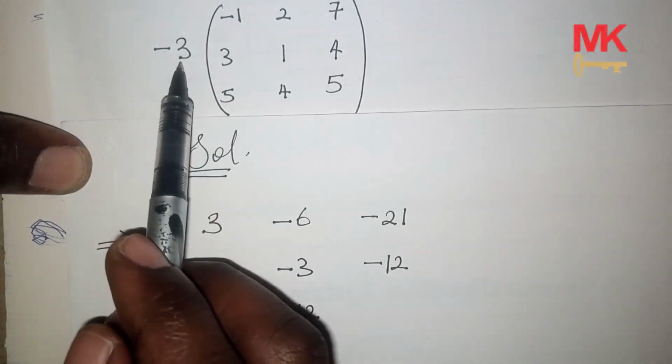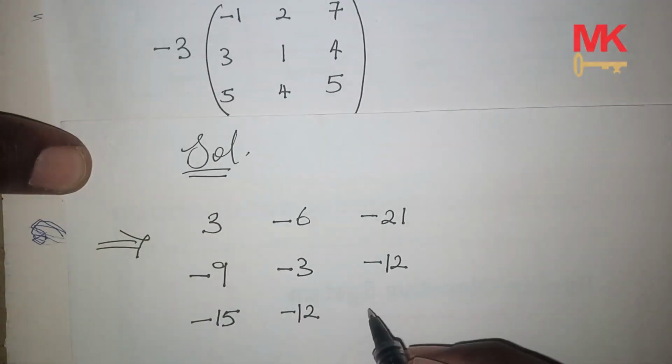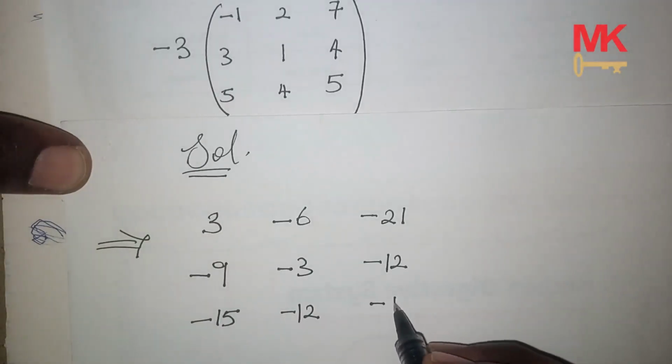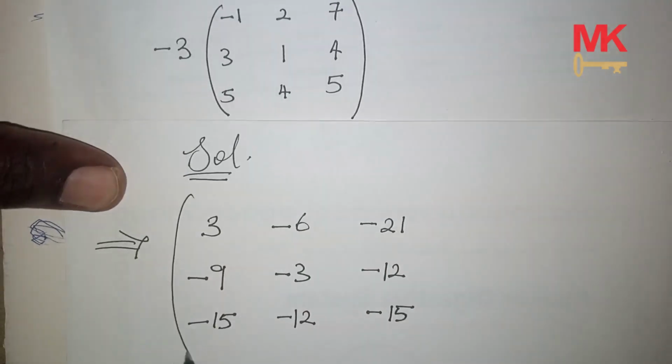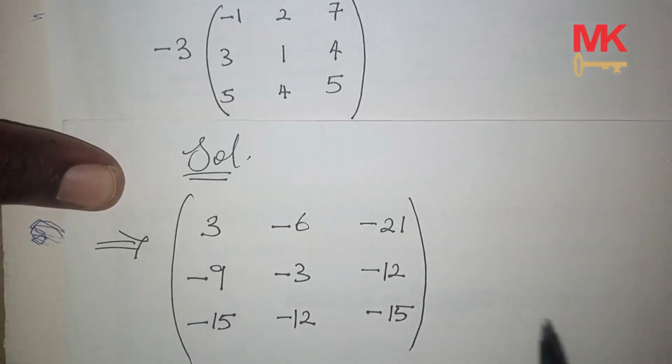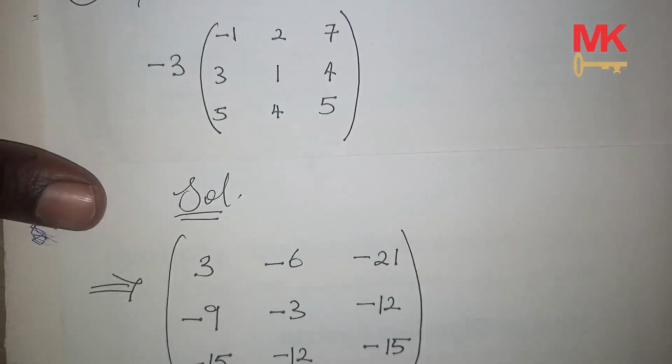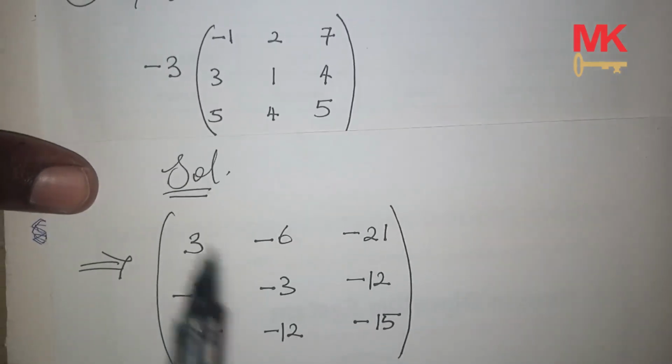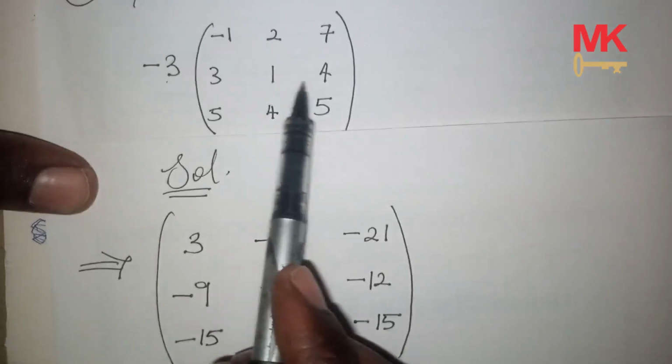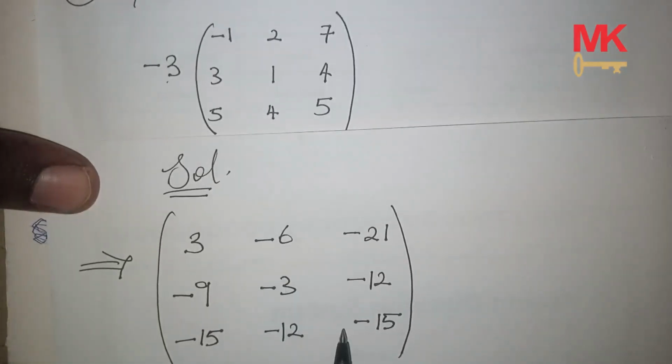And then minus 3 times 5 gives us minus 15. Okay, so we are done. This is the result of this scalar quantity multiplying this 3 by 3 matrix. We're going to get this very easily.